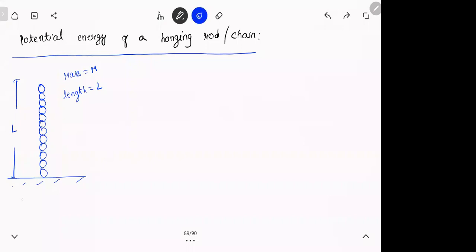All points on a chain, every part of a chain is a different height. Their average height comes out to be the middle.